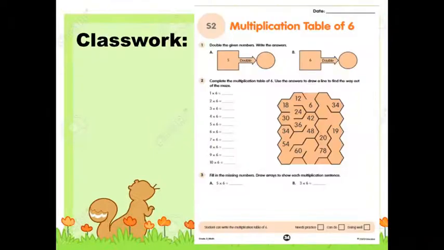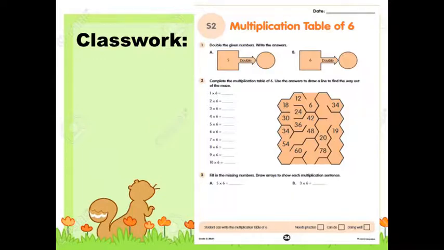Now that you know how to get the multiplication table of 6, I want you to work on your offline activity. Seatwork number 2, multiplication table of 6, on page 34. In number 1, you need to double the given number and write the answer in the circle. In number 2, you need to complete the multiplication table of 6 and use the answers to draw a line to find the way out of the maze.